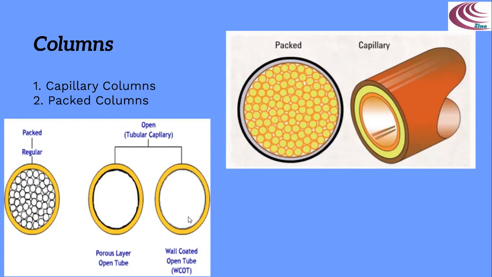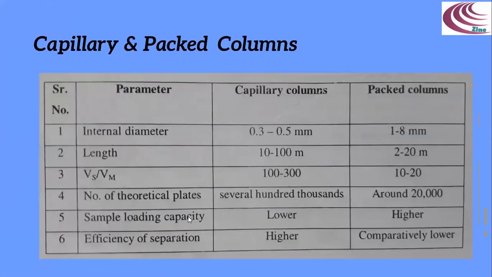Now we will try to see the difference between packed column and capillary column on these parameters. The first parameter is internal diameter, in what way they differ, then length of columns, then volume of stationary phase and volume of mobile phase distribution, number of theoretical plates.